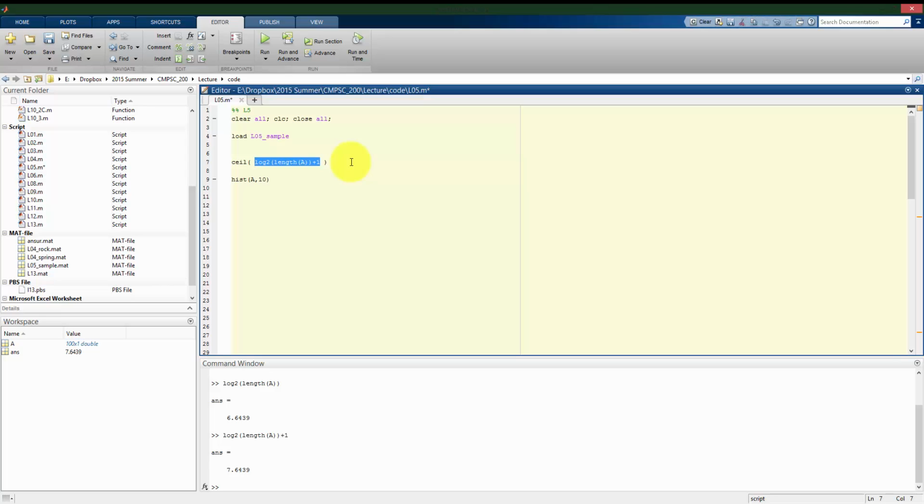And right now we have 7.64, which is clearly not an integer. What the ceiling function does, it's similar to rounding, except ceiling always rounds up. Or I should say, it always rounds to the next larger integer. So for a number like 7.64, it's going to round it up to 8.